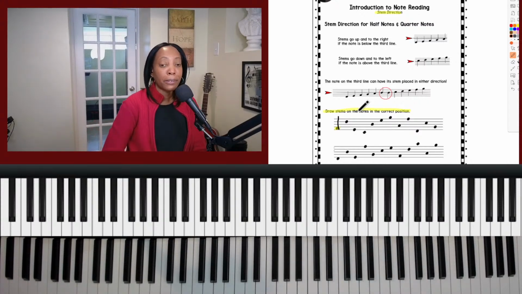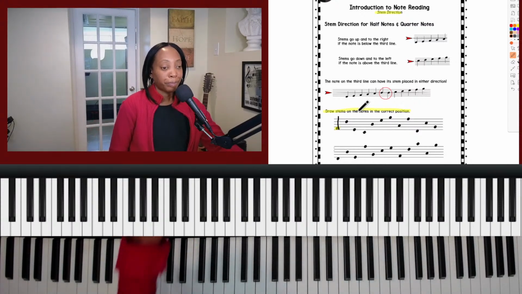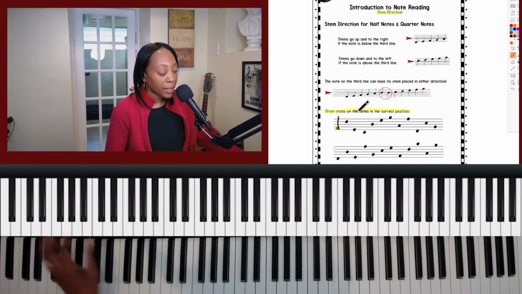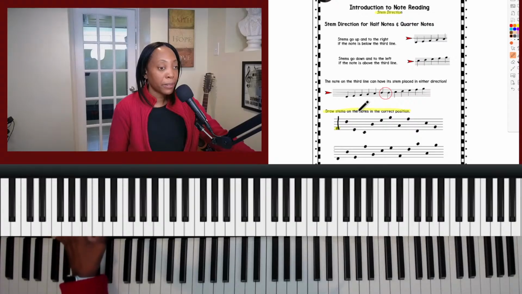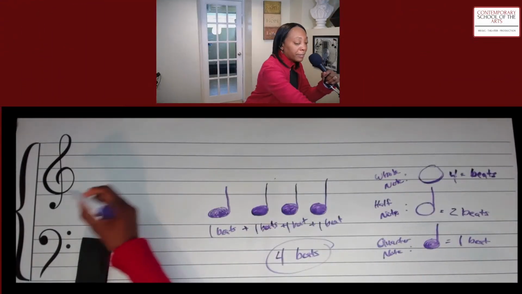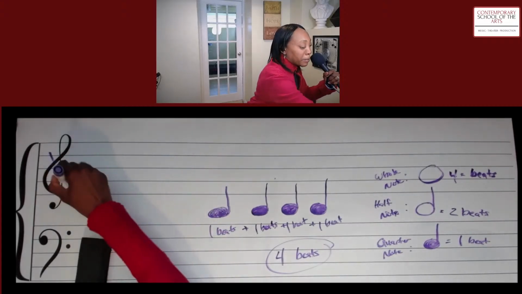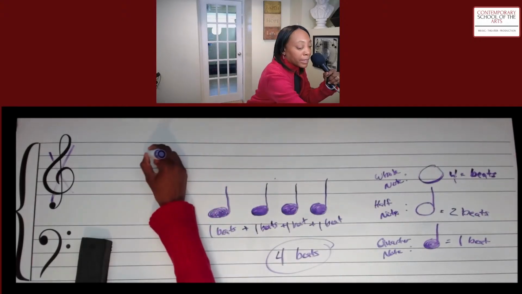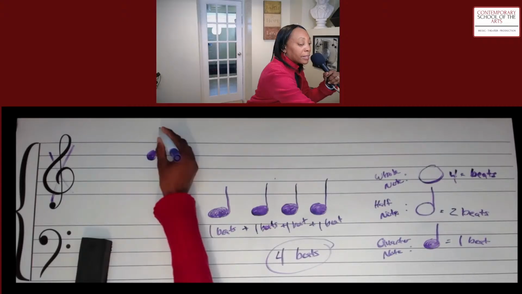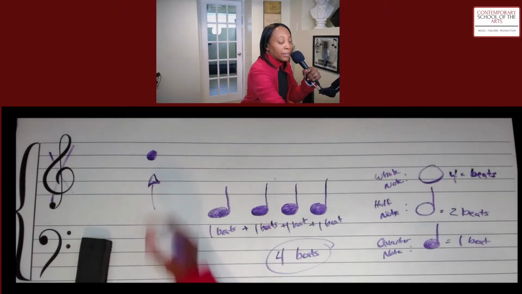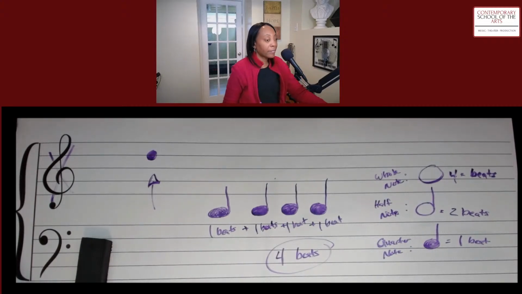We're talking about stem directions. If you're having a hard time seeing it, there's no clef, so you have to pretend that there's no treble clef. This is the note head. What direction should the stem go? This note here.